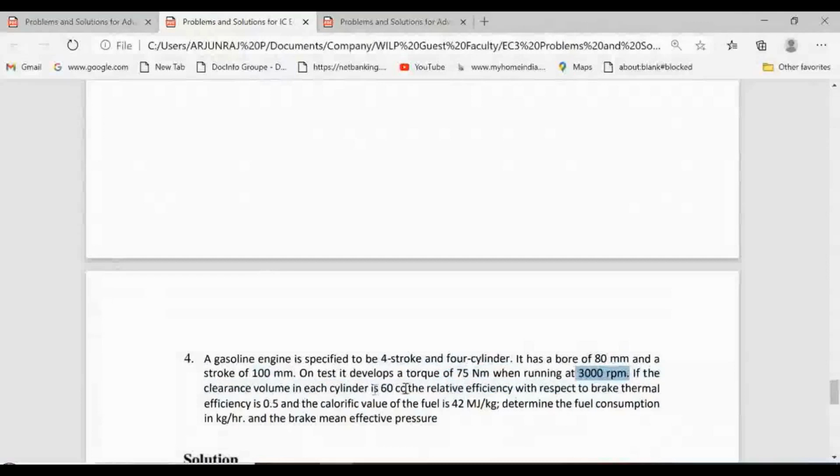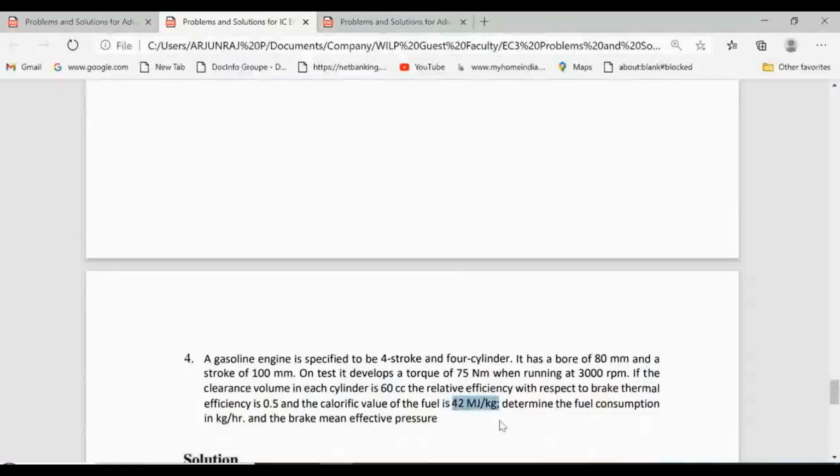And again, they have given the clearance volume as 60 cc, and they also given the relative efficiency with respect to the brake thermal efficiency as 0.5, and the calorific value is given as 42 megajoules per kg. You need to convert that into kilojoules per kg.